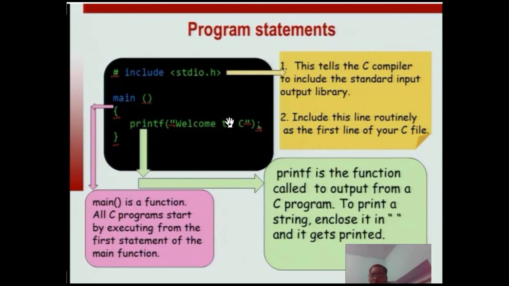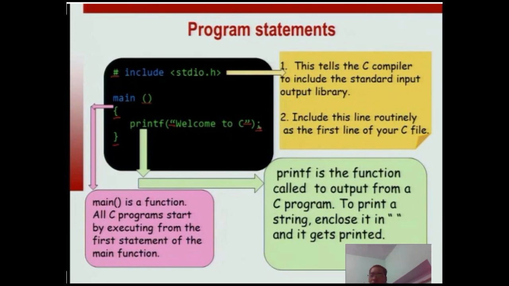So printf is a function called to produce output for a C program. Printf provides output to a C program. To print a particular message, you enclose it in double quotes. Here we have to enclose our message welcome to C in double quotes. Please note the extra punctuation symbols which tell you that these are valid C statements.